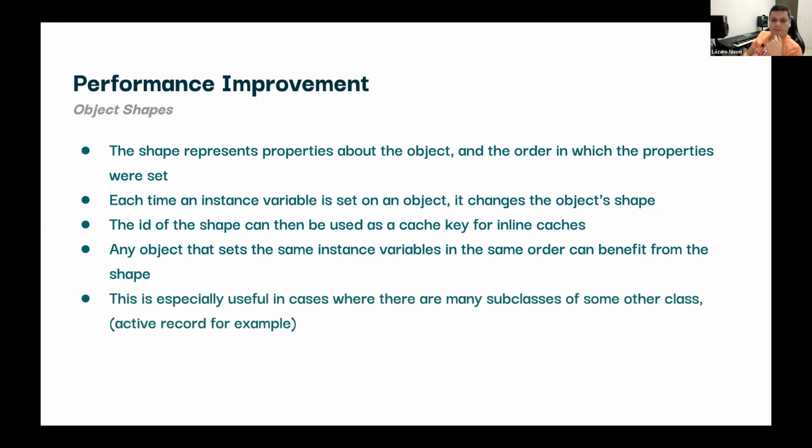This is especially useful in cases where you have many subclasses of some other class, like Active Record. So what changed? Ruby already had object shapes, but in the past it only had this cache for the same class. So if you had subclasses, you would lose this performance gain.